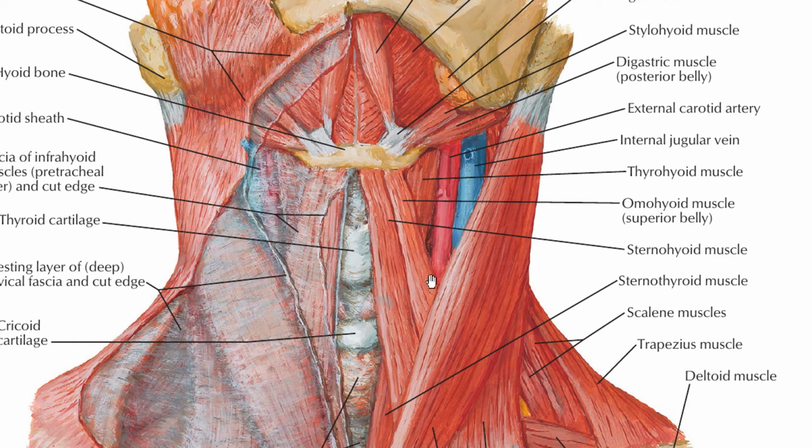So this carotid triangle is bounded anteriorly by the superior belly of the omohyoid muscle. If you remember from our very first video, we talked about the inferior belly and the superior belly of the omohyoid muscle.